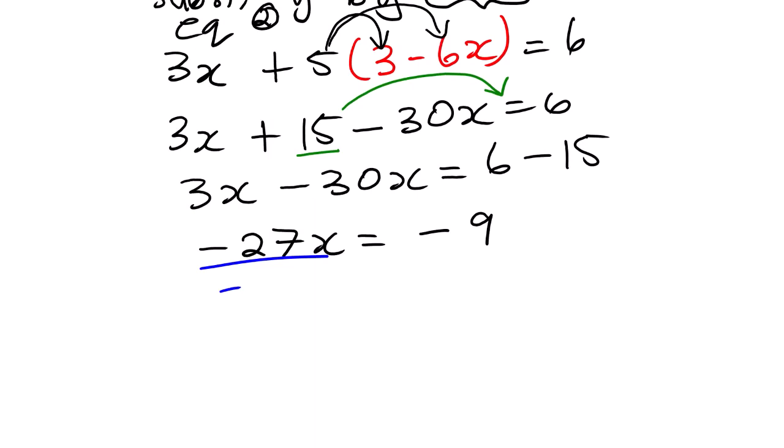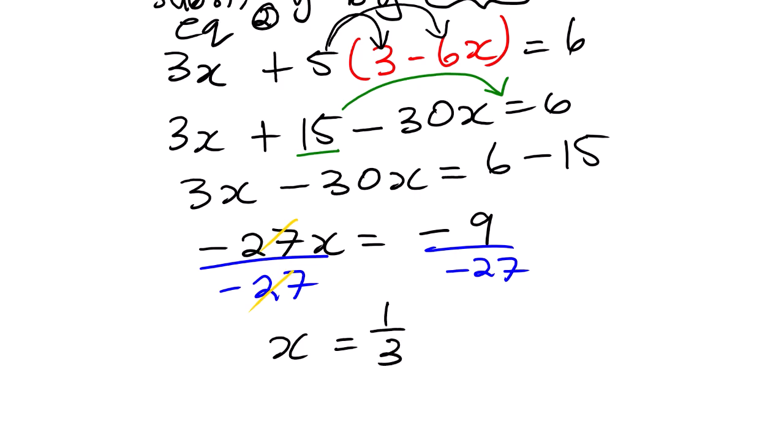We divide both sides by negative 27. This will get rid of this, and then we have x equal to positive 1 over 3. That is our first solution.